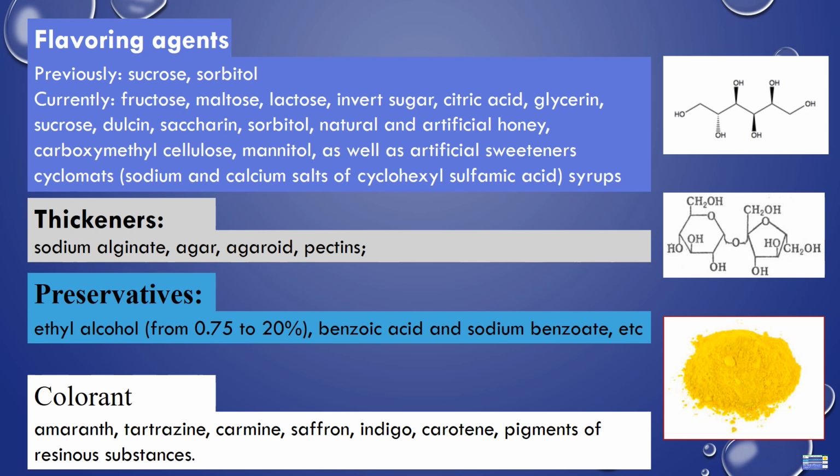Prolongers include methylcellulose and CMC, 1%, polyacrylamide from 0.5 to 1%, polyvinylpyrrolidone, collagen, and IUDC.